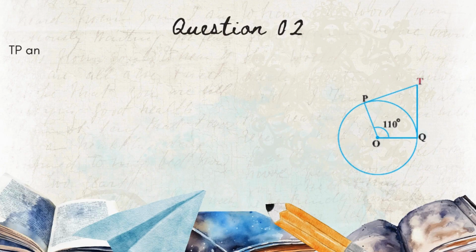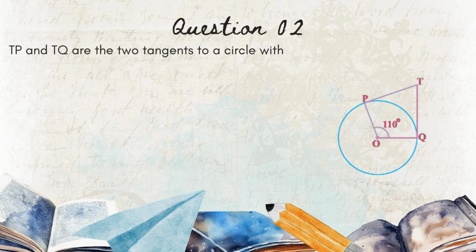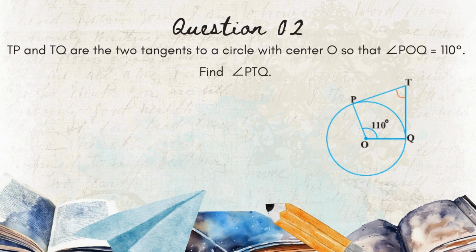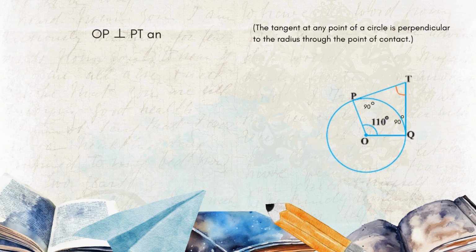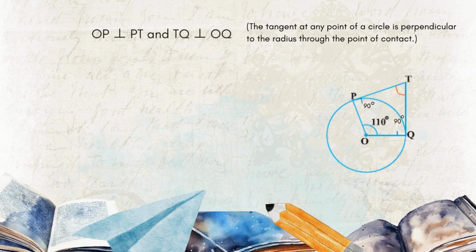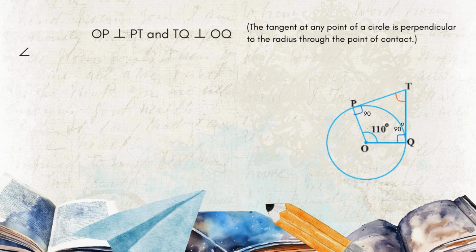Question 2. TP and TQ are the two tangents to a circle with center O such that angle POQ is 110 degrees. We have to find angle PTQ. OP is perpendicular to PT and TQ is perpendicular to OQ. Why? Because the tangent at any point of a circle is perpendicular to the radius through the point of contact, right?